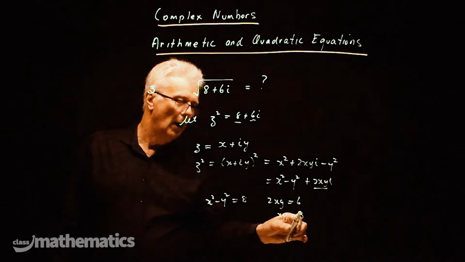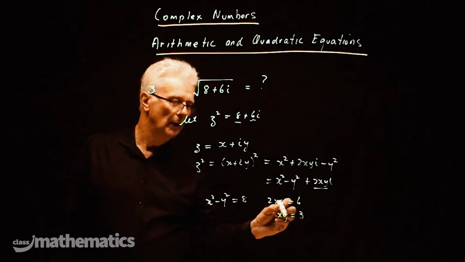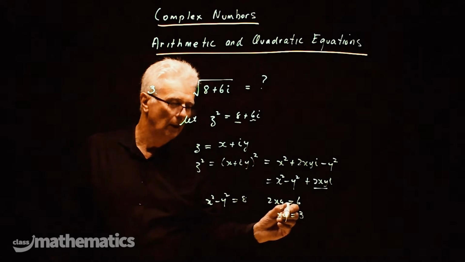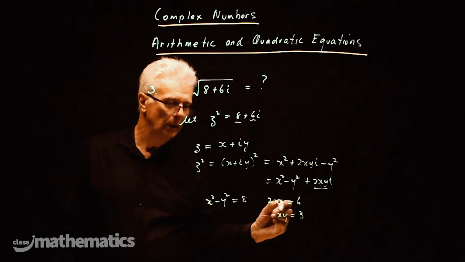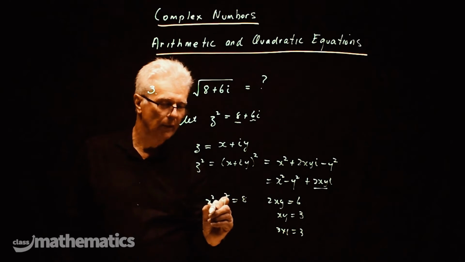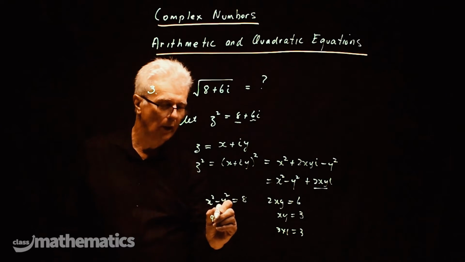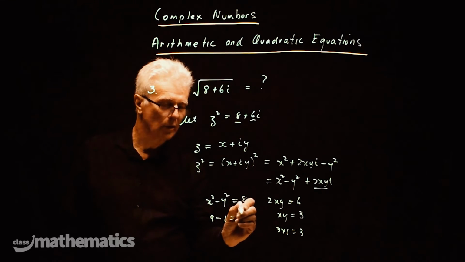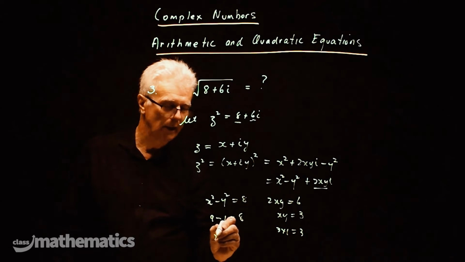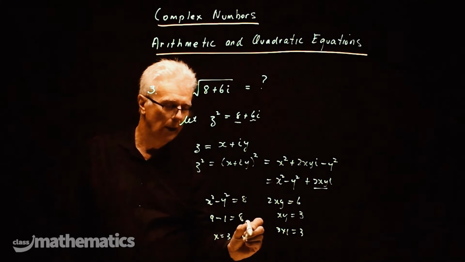So by just observation here, we can see that if x is 3 and y is 1, 3 times 1 is 3. And if we square this one, we'll get 9 minus 1 will also give me 8.